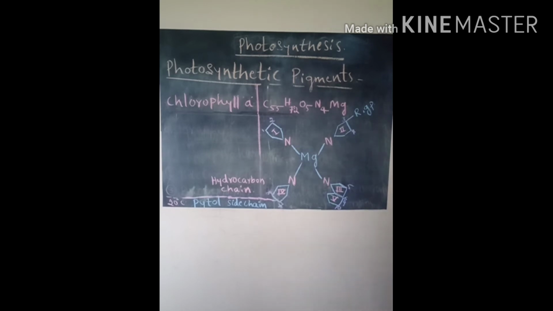And the chlorophyll B molecule includes the aldehyde group, that is CHO group, in this R position. So that is the difference. Chlorophyll A includes the methyl group at the R position, that is at the third carbon atom, but the aldehyde group is present in case of chlorophyll B molecule.